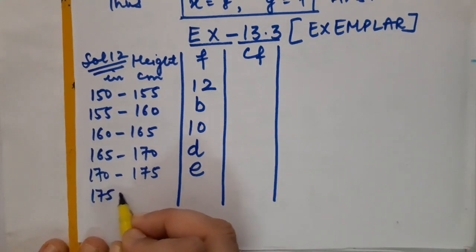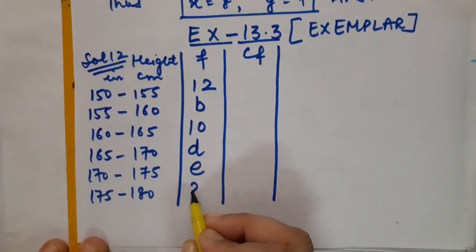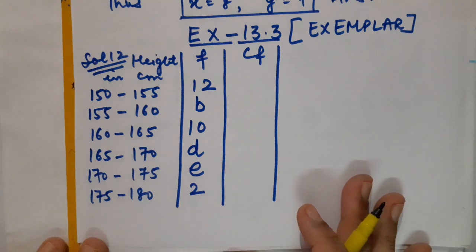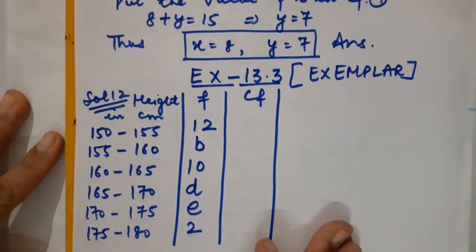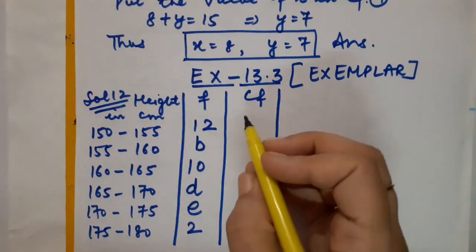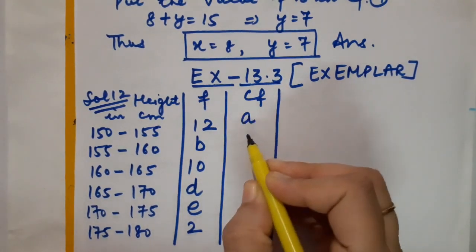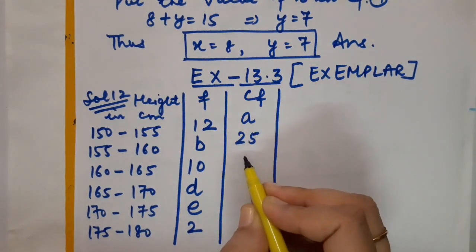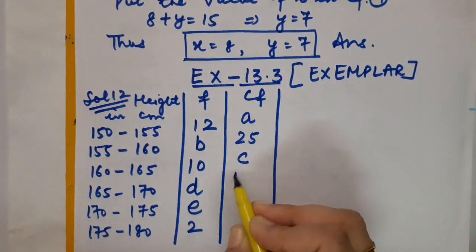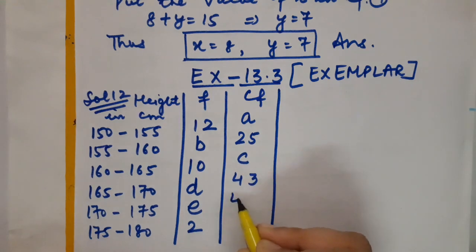Then 175 to 180, the number of students is 2. Correct? And children, their cumulative frequency is also given to us. It is equal to A, then 25, then C, then 43, then 48, and then F.